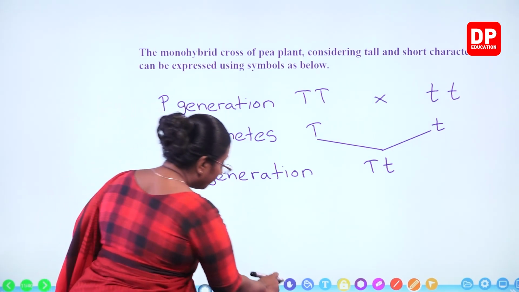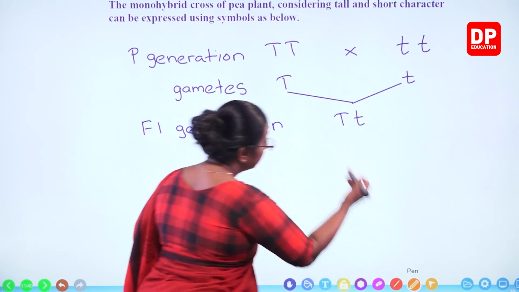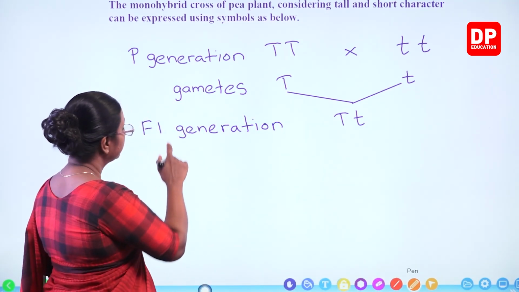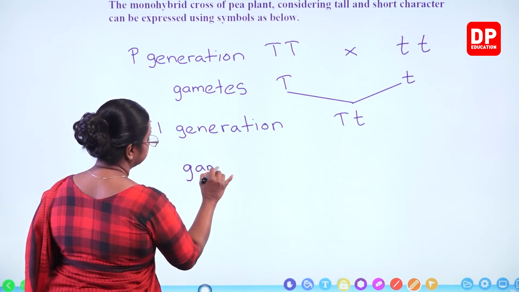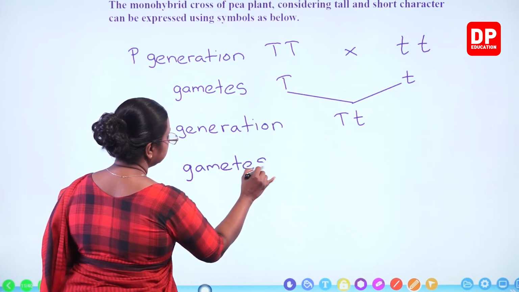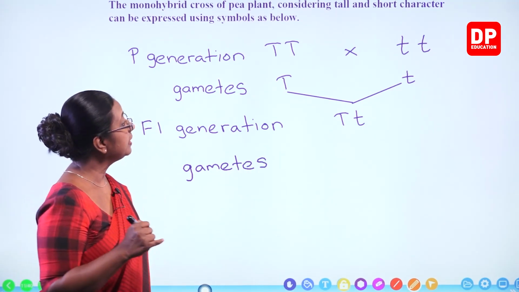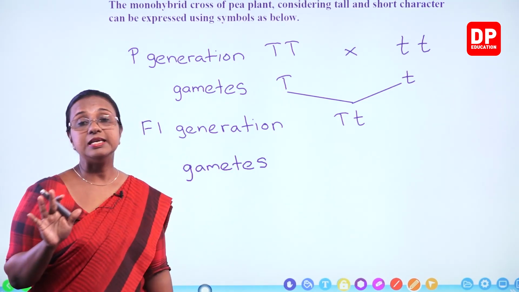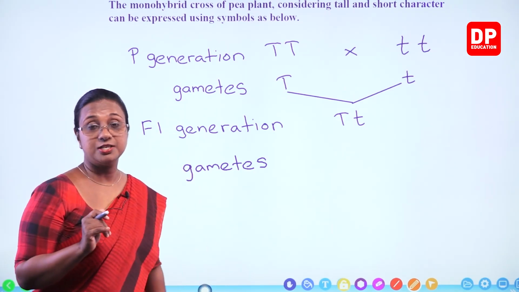Then, from that, what did Mendel do? He did the breeding for the second generation. So, here also there are gametes formed. Gametes produced. Now, tall and tall is the character that is seen in the F1 generation.